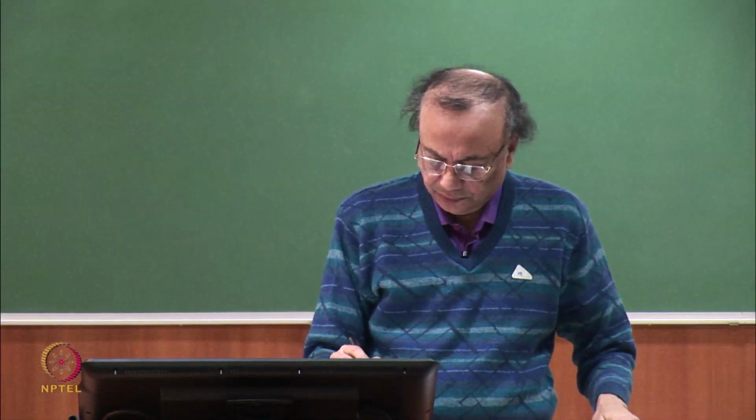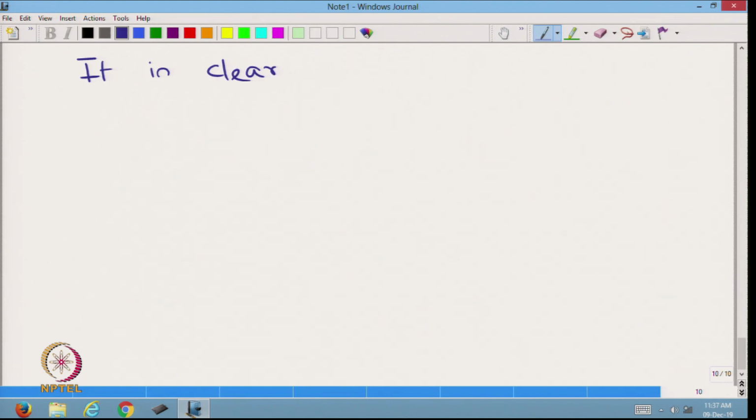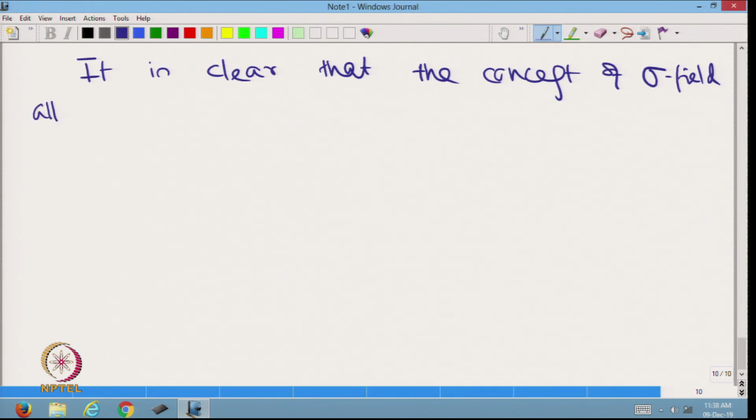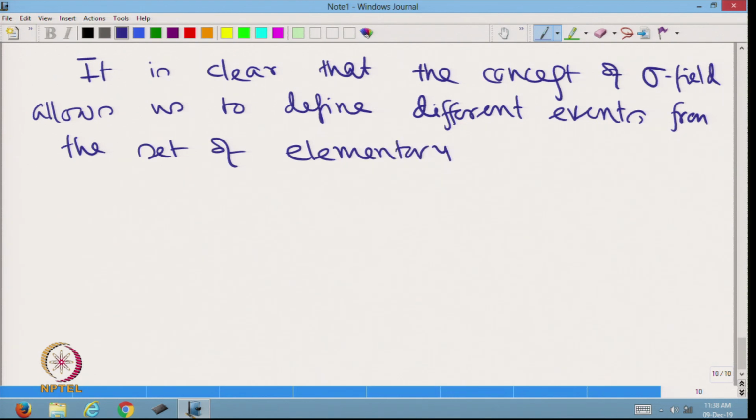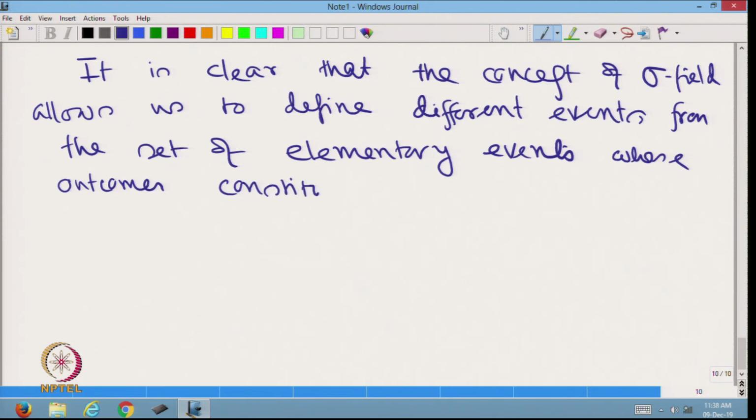It is very clear that the concept of sigma field allows us to define different events from the set of elementary events whose outcomes constitute omega.